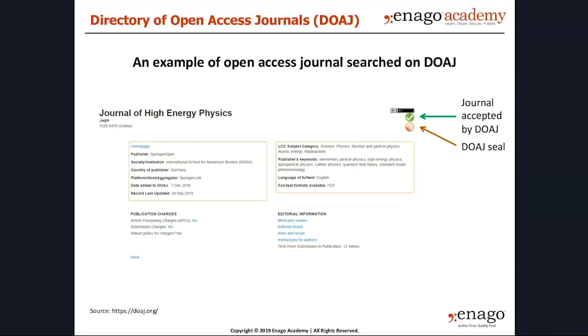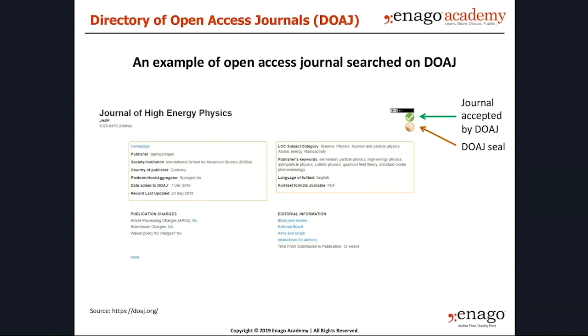I think the average cost for an article processing charge for open access in all of the journals indexed in this directory is about $800 to $900. And I think to publish as open access in a subscription journal under the hybrid model, the average is maybe $1,500 to $2,000.